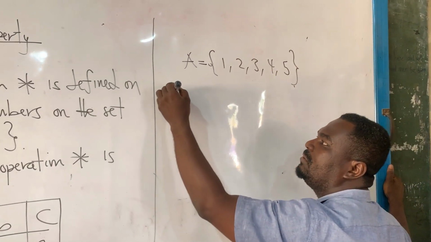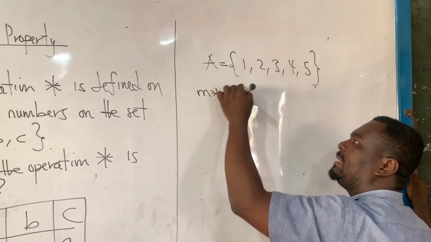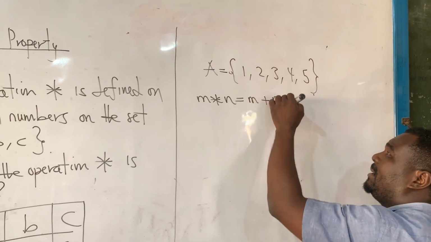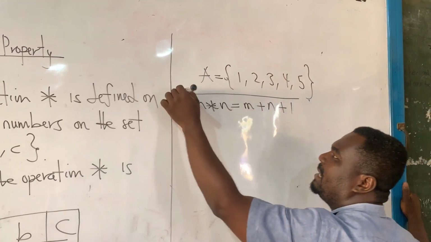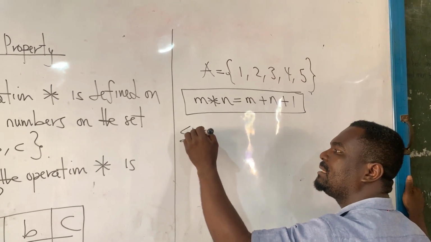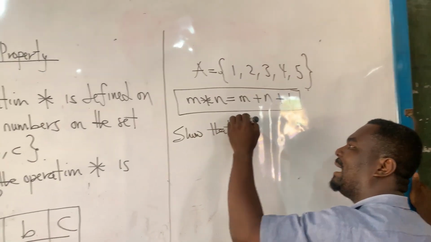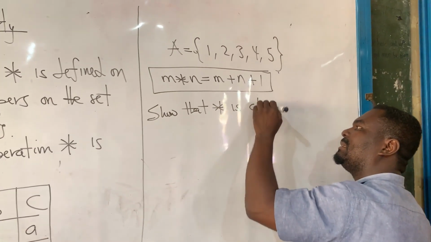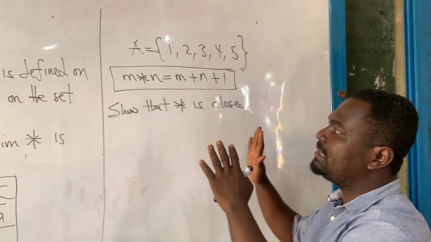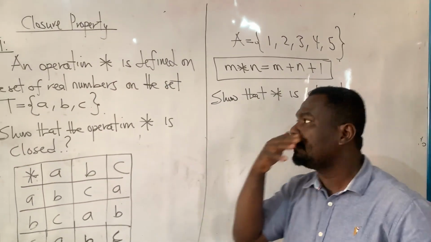And you are given two numbers, where M star N is M plus N plus 1. This is the formula given, and you are asked to show that star is closed. I'm using this illustration to explain how to go about this.